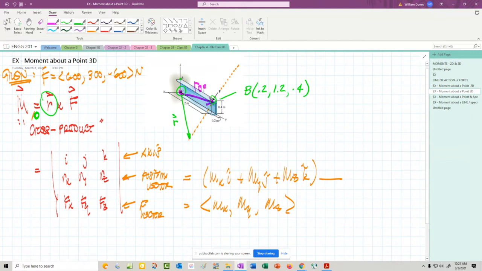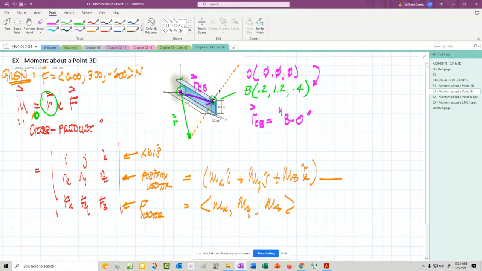So we're going to want to use OB. We want to go from the origin, which is pretty easy coordinate-wise, to B. That means when we build OB, we take the B minus the O coordinates to build that.